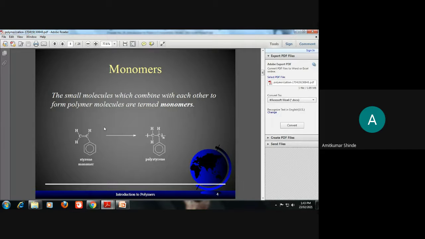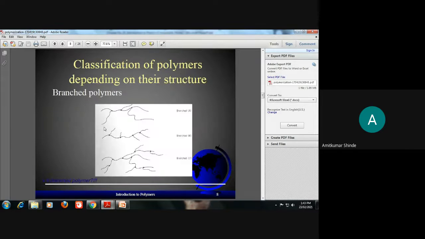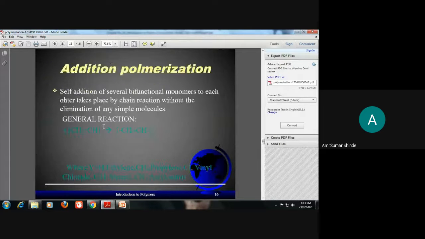Whichever monomer is here, it is a macromolecule. In other words, you can say that a polymer consists of a repeating unit. I may have one slide, I will show that slide as an example. The repeating unit will be there.